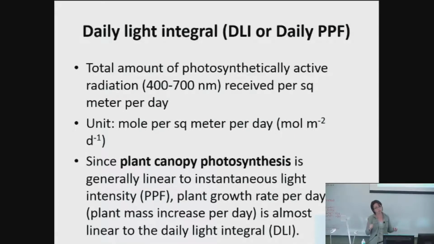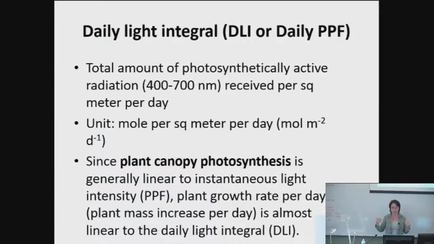And that is very important because now you don't have to worry about saturation when you consider the total energy coming from the sun in the greenhouse. And that is the base of the concept of daily light integral. So the total light, regardless of the instantaneous light intensity, whether it is low or high, as long as the canopy is dense like that and has a linear response to the light intensity in the normal range we can get in a greenhouse, all the way from 0 darkness to maybe close to 2000, it's a linear response.